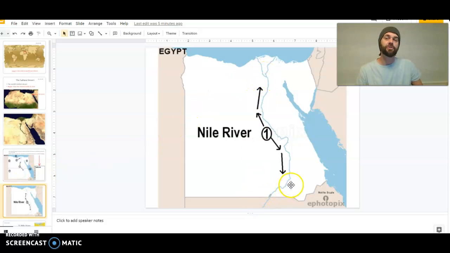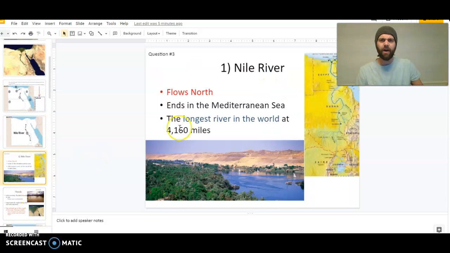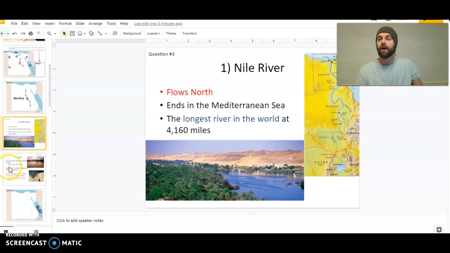Again, it flows north, which is weird. We feel like the river should flow south, but it actually flows north. The Nile River flows north, it ends in the Mediterranean Sea, and it's the longest river in the world.